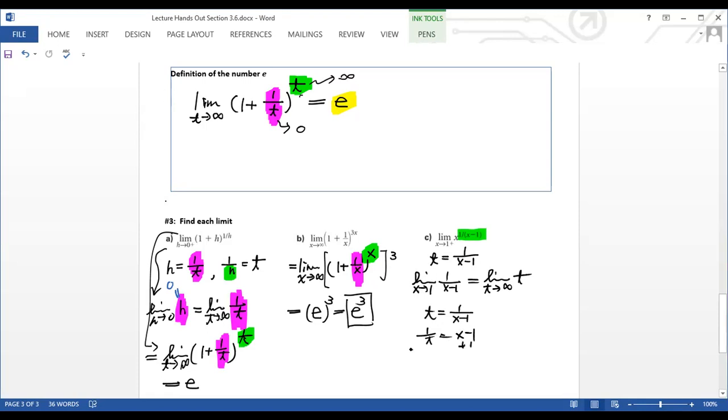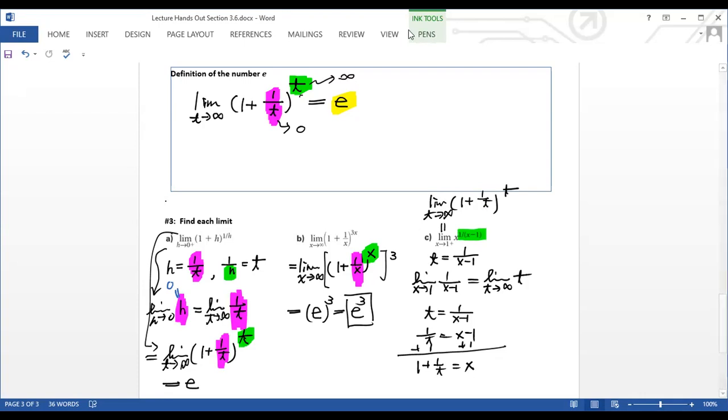Now you add 1 on both sides, so you have 1 plus 1 over t equal to x. Now I can rewrite this: x is 1 plus 1 over t, and the exponent 1 over x minus 1 is t. Like we said, x approaching 1 is equal to t approaching infinity.